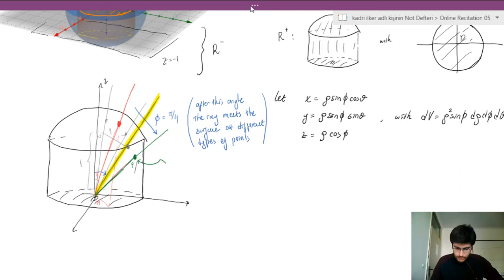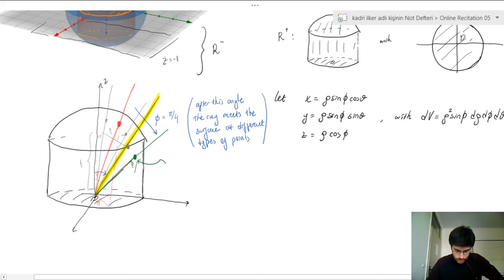But now what type of points do we have? The green one. This is on the cylinder, right? So what does it mean in this new coordinate system? The cylinder is given like this, right? We have a free z coordinate and so on. This is a cylinder. But with this new coordinate system, when we employ this new language, the left-hand side is just rho square sine square phi equals 1.